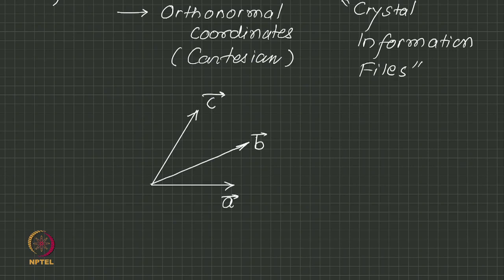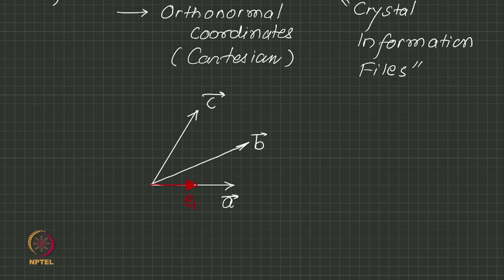Now, if you want to transform it to the Cartesian coordinate system, the orthonormal coordinate system, the question is how that orthonormal system, how the i, j, k or E1, E2, E3 is oriented with respect to A, B, C. One way to do that, if you are free to choose, is to make it as convenient as possible, and one of the conveniences is to choose the first Cartesian vector along your first crystal vector.